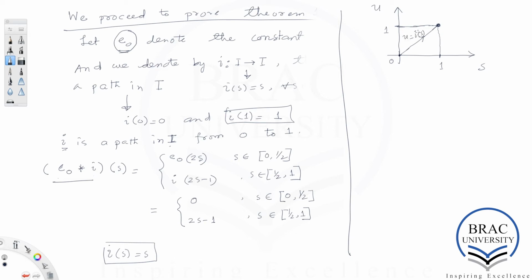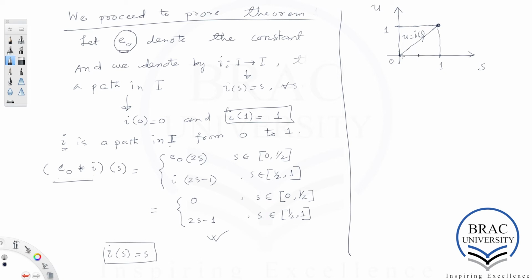Okay, the linear map, and this piecewise defined map, the product of E0 and I, is equal to 0 as long as S lies in the interval from 0 to 1 half.